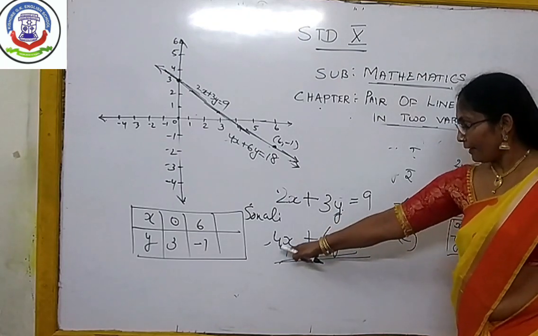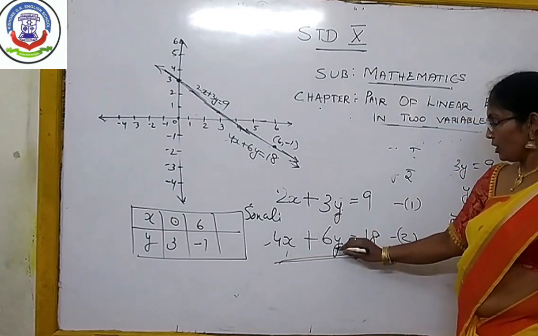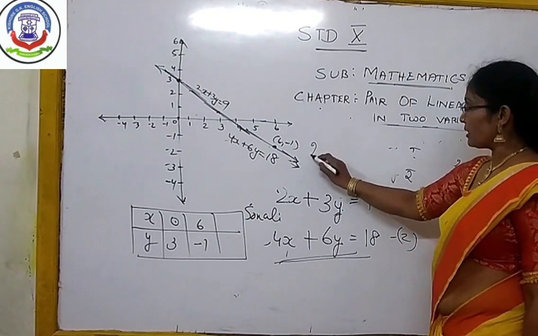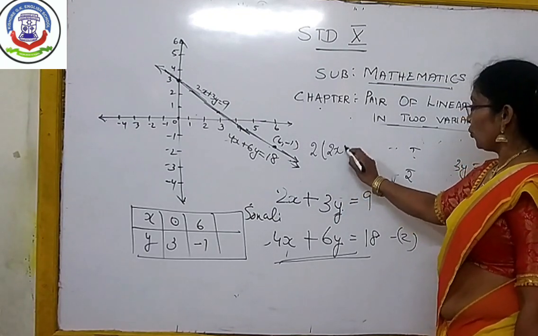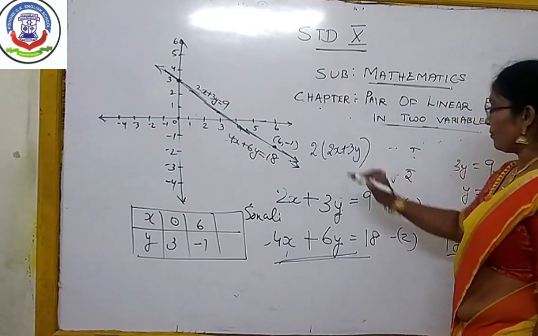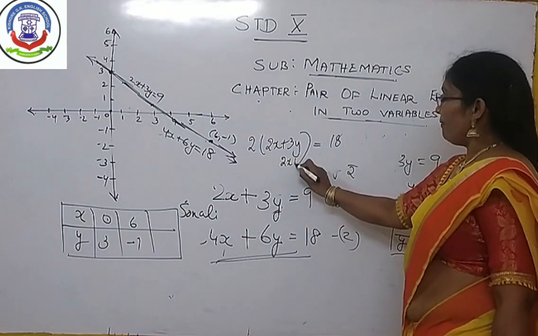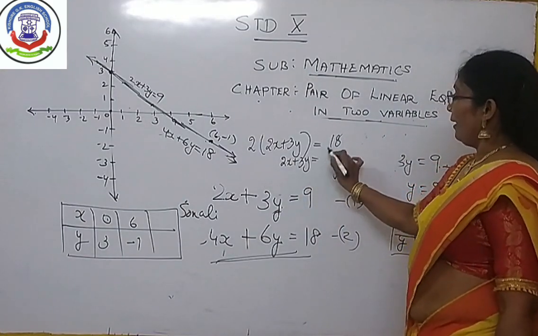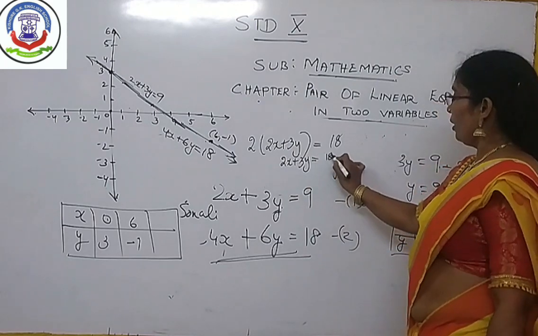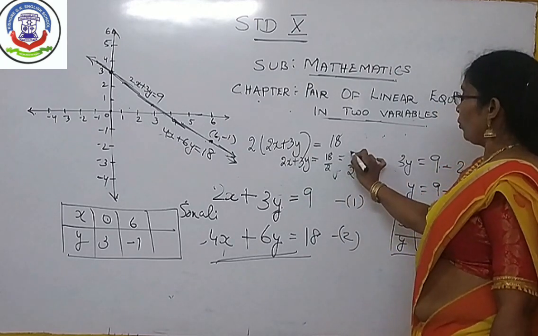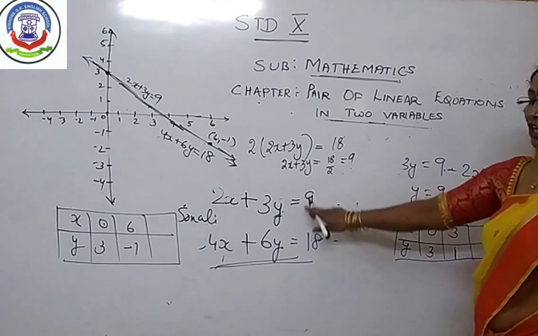Because when you take the common factor 2 from here, 4x plus 6y will be 2 into (2x plus 3y). Is it correct? When you divide 18 by this 2, you are going to get 9. The equations are the same only.